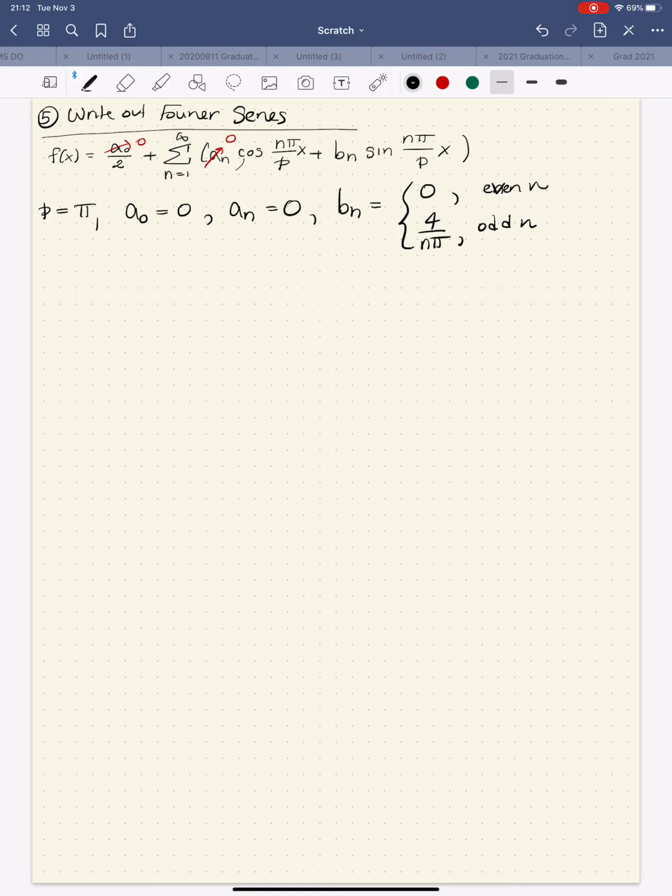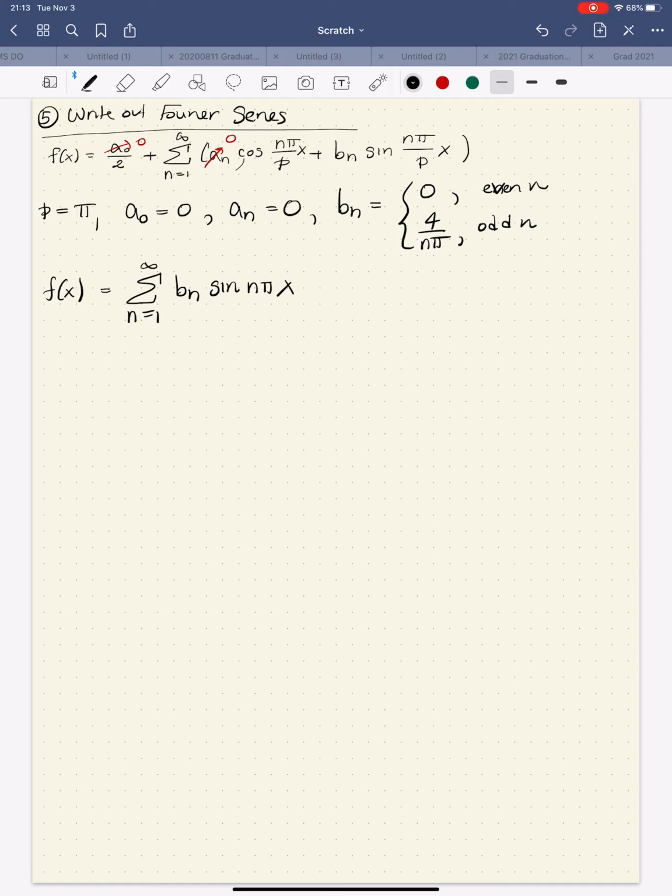So if we write this out again, f of x, well, we get rid of a lot of this stuff. N equals 1 to infinity of b sub n sine of n pi x. Okay, so that is really what we have, where b sub n is equal to 0 if n is even, and b sub n is equal to 4 over n pi if n is odd.